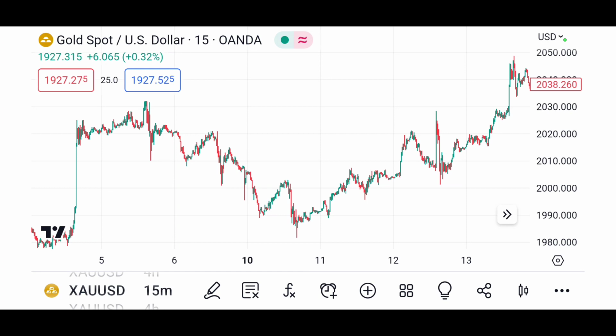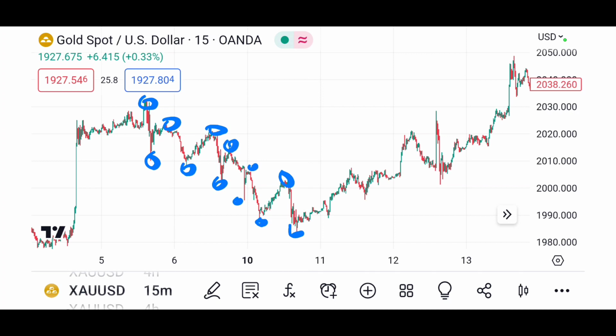All right, so you can see this high, this low, a lower high, a lower low, a lower high, a lower low, and so on. So we can comfortably say that this is a bearish trend because it is making successive lower highs and lower lows.